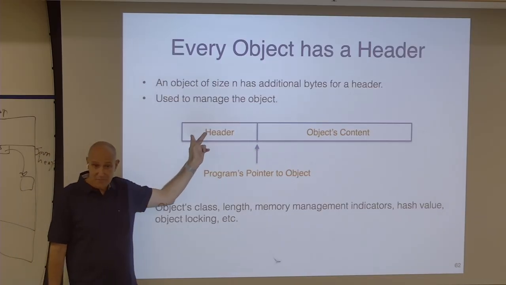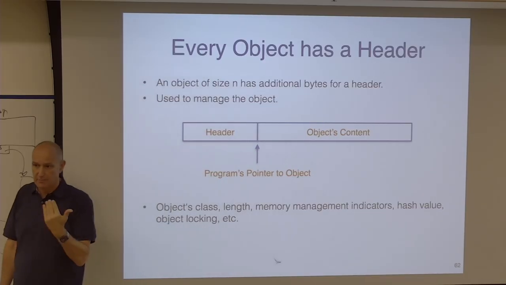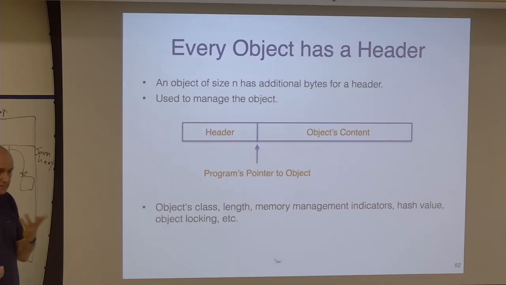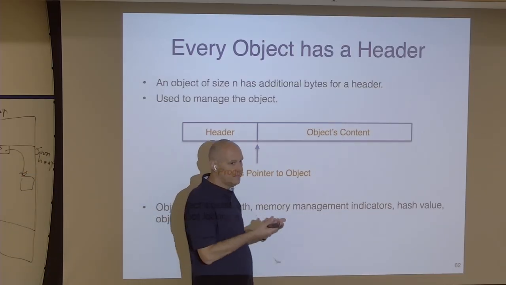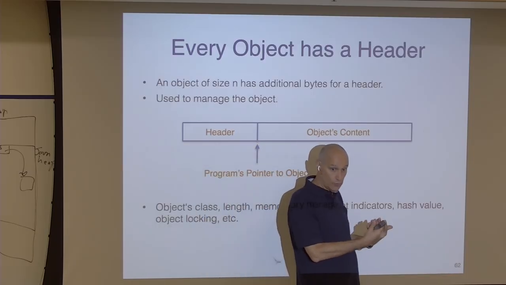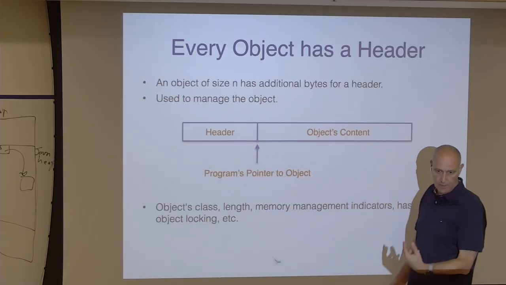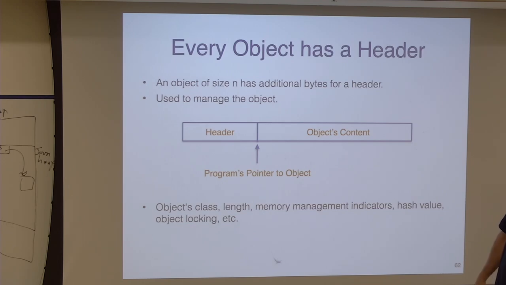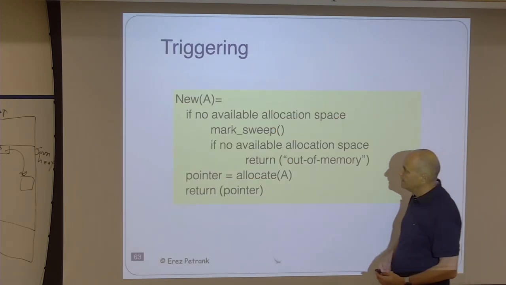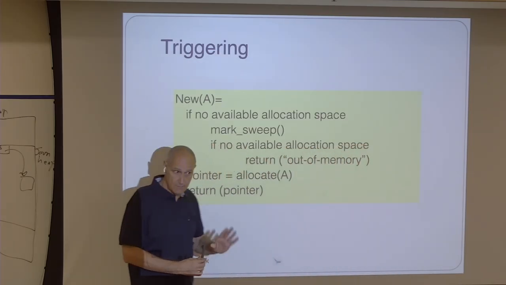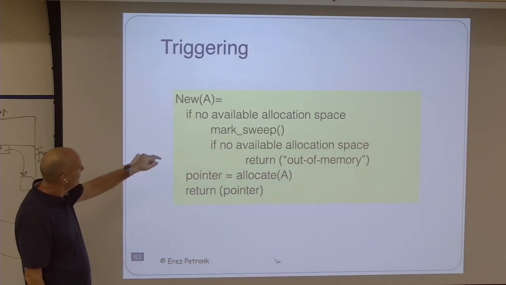Locking may be kept here. There are lots of things that may be kept in the header. If the language is more sophisticated, more advanced, the header will play more roles in helping execute the program. Okay, so we have a header, and this will be for marking if we want.